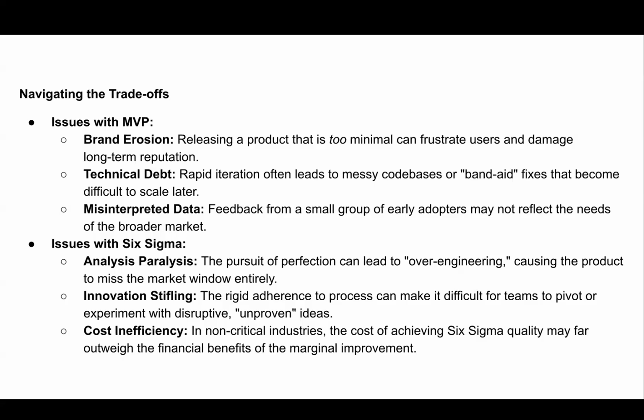I mean, you can over engineer, you can just get this what's called analysis paralysis. And also, in turn, what happens is Six Sigma can be very stifling with innovation. And so, you take a look at some of our large organizations, and they're large, so they're trying to control quality, and they're using Six Sigma.